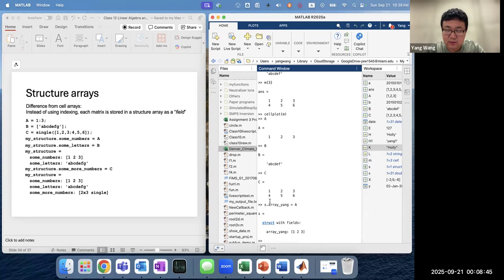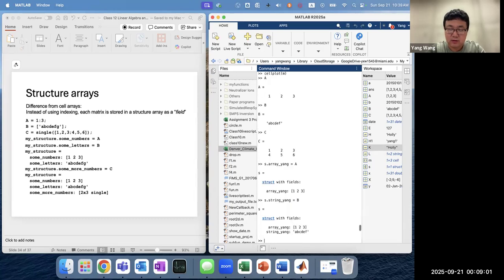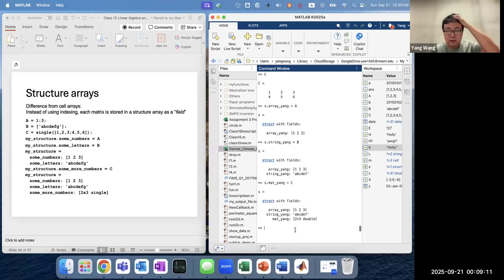Okay, so now this structure has this field that has the value of 1, 2, and 3. Okay, so let's say S dot string being B, and S dot matrix being C. Okay, so this is our structure now, right?